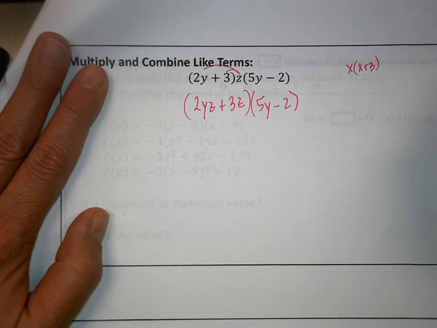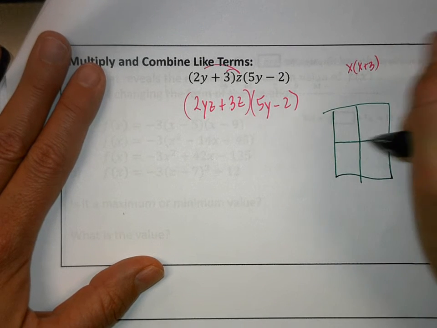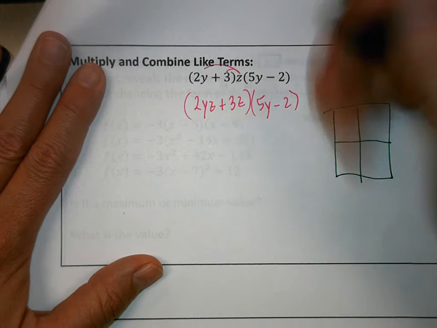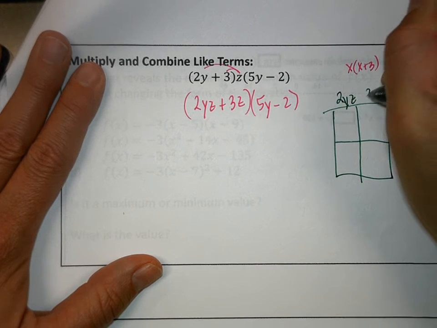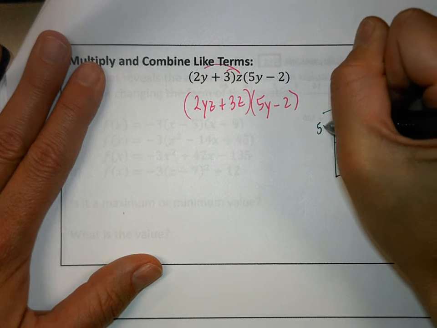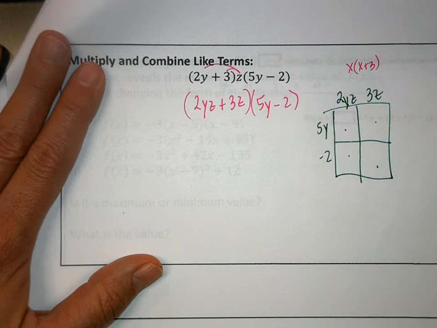Okay, so your area model is like this. Since these are 2 terms by 2 terms, this would be 2yz and 3z, and this would be 5y minus 2, and we multiply to get each of these boxes and combine like terms if we can.